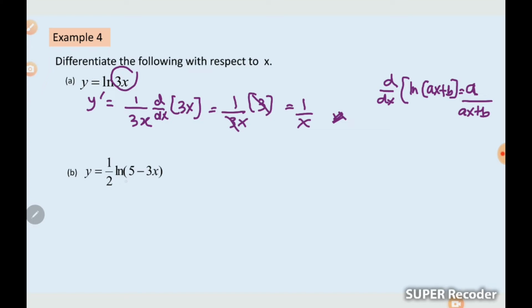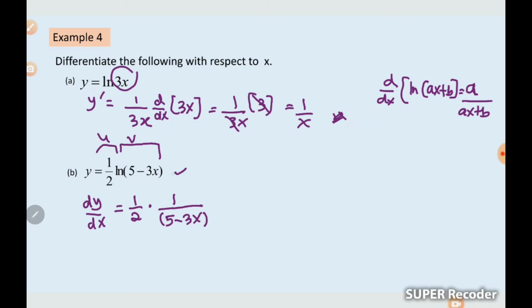Take a look at example B. y equals half of ln(5 minus 3x). So dy/dx, actually we will use the product rule here. So 1 over 2 is u, ln(5 minus 3x) is v. By using the product rule, u v prime: u is 1 over 2, differentiate ln is 1 over (5 minus 3x).